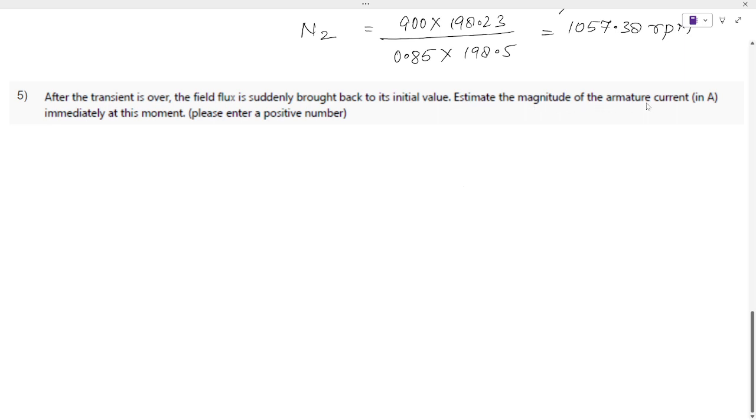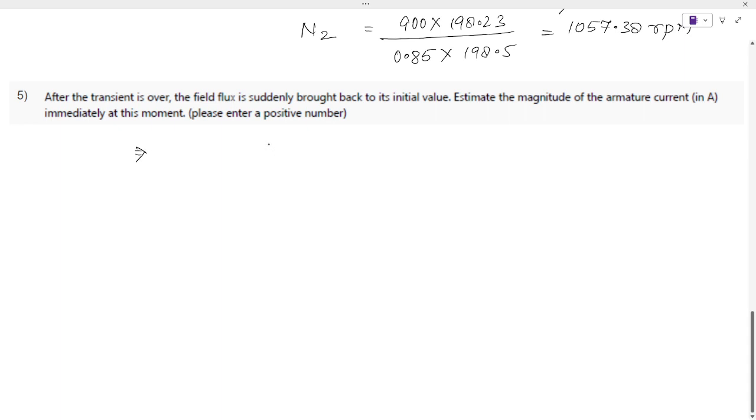Estimate the magnitude of armature current immediately at this moment. Again the same story. Flux can be changed immediately, but the speed won't change. Speed is known to you, that is 1057.38.